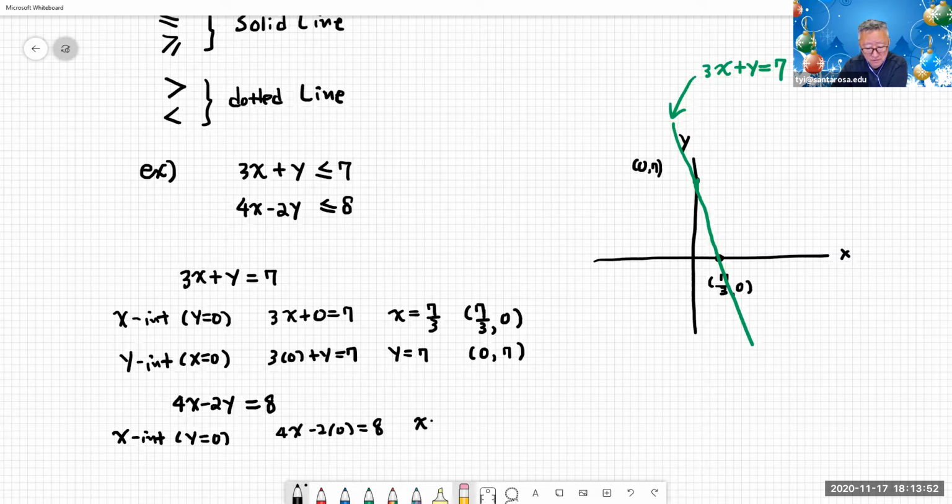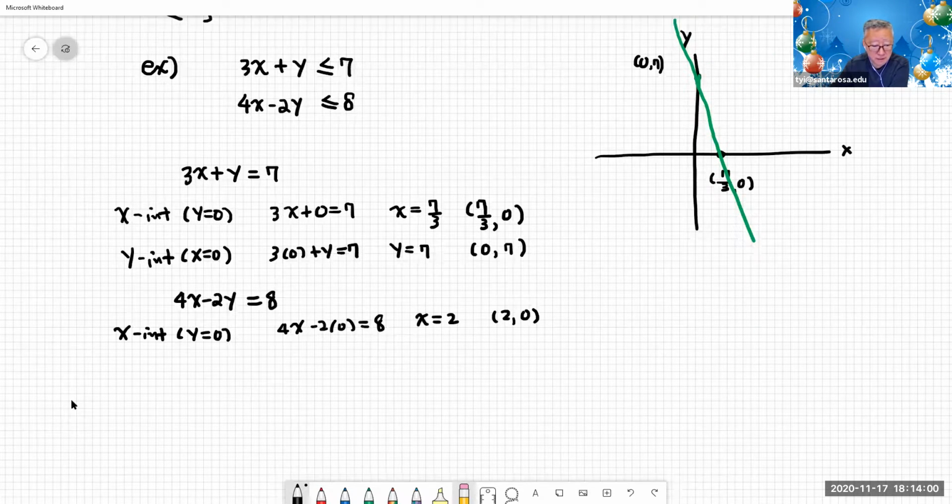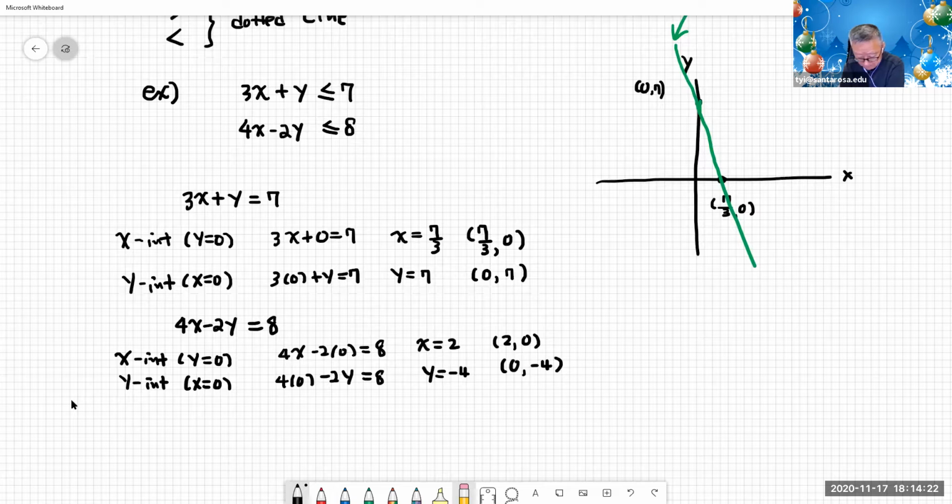So that comes out to be x equals 2. So the x-intercept is going to be 2, 0. Now we're going to look at the y-intercept. So y-intercept means x equals 0. So plug in x equals 0, 4 times 0 minus 2y equals 8. So now y becomes minus 4. So that would be 0 and minus 4.